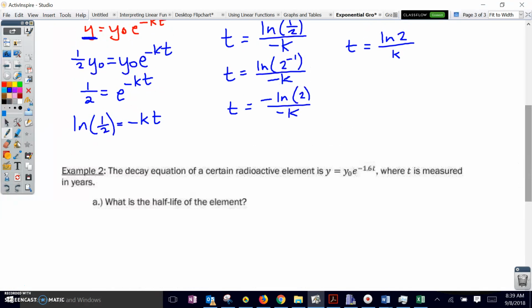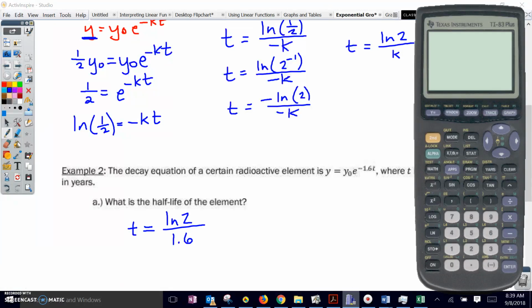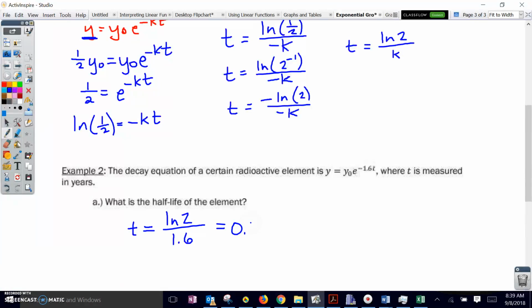Let's just use the formula. So the half-life of this element is going to be t equals the natural log of 2 divided by k. In this case, k is the positive value of that decay constant, that's 1.6. And so I will just break out my handy-dandy calculator and take the natural logarithm of 2 divided by 1.6. And the half-life of this element is going to be 0.433 years.